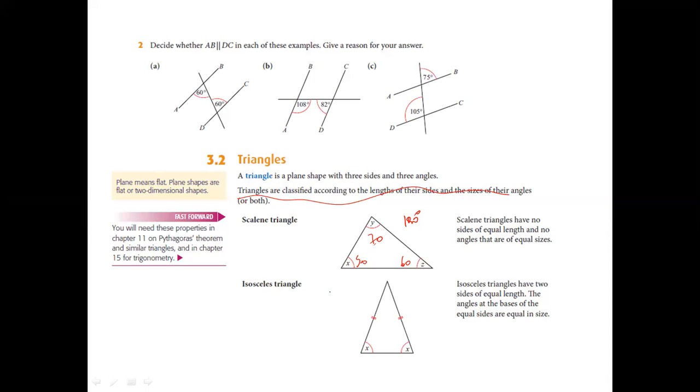The second triangle is the isosceles triangle. What is an isosceles triangle?